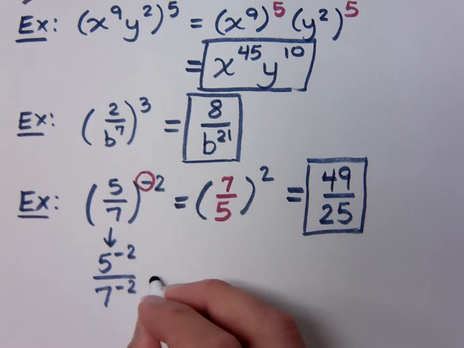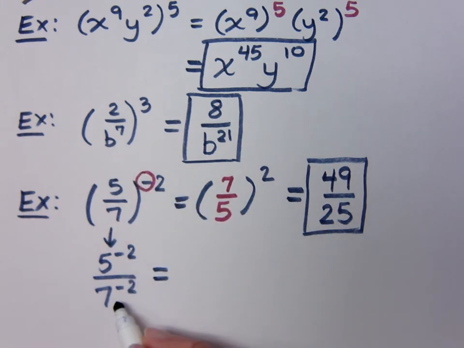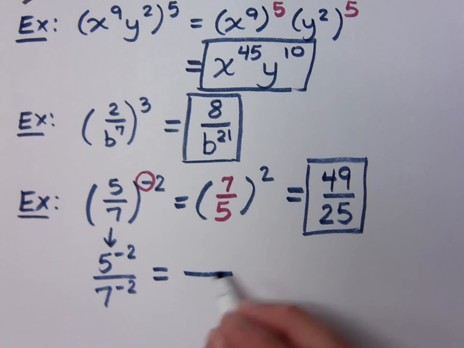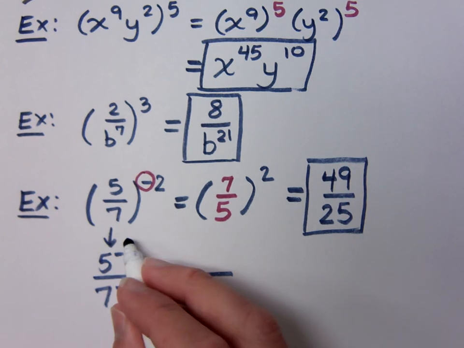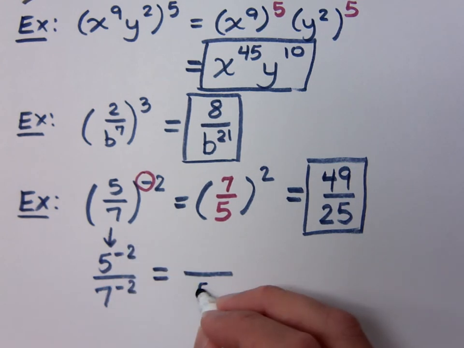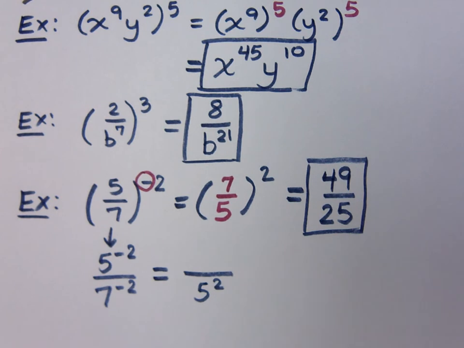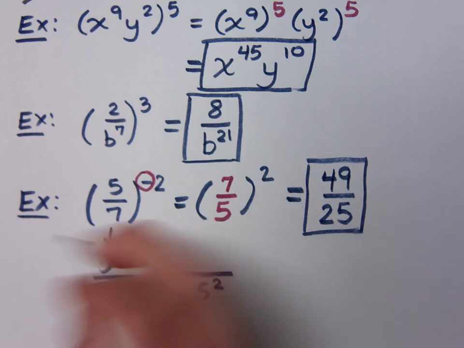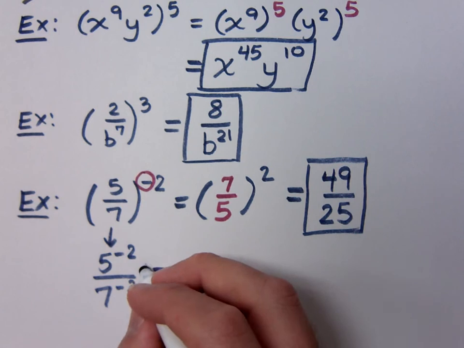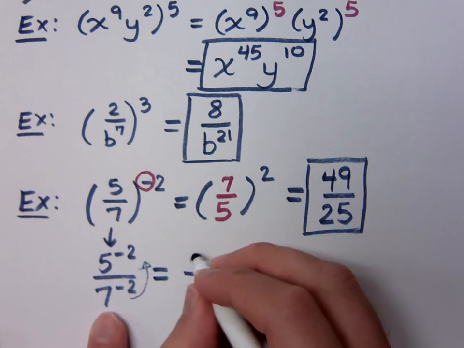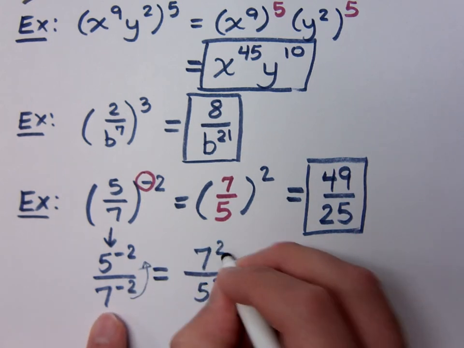But I'm going to tell you right now that I don't like the way this looks, because of the negative exponents. So what I would do here, 5 to the negative second would have to go into the denominator as 5 to the positive second. I said with negative exponents you have to move it to the other side. So this goes up top as 7 to the positive second power.